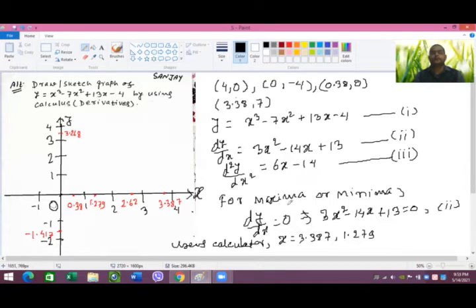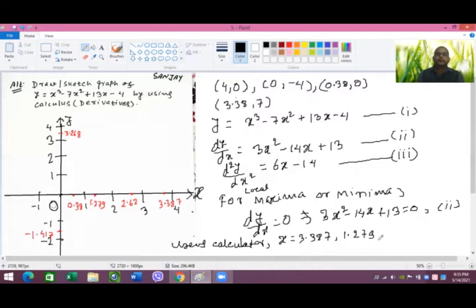So this sort of maximum and minimum we obtain by using derivatives are also called local maxima and minima. For absolute maxima and minima, you have to find the minimum and maximum point among all the points on the curve. Here we are talking of local maximum and minimum. We check whether at these values of x the curve attains only maximum or minimum or both.